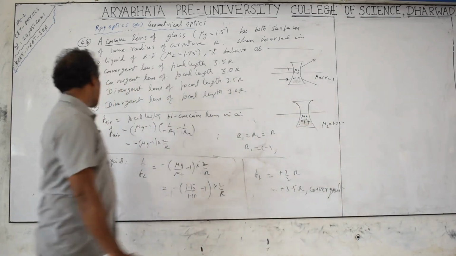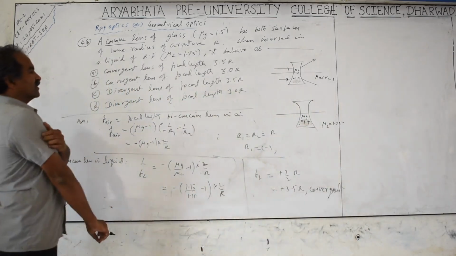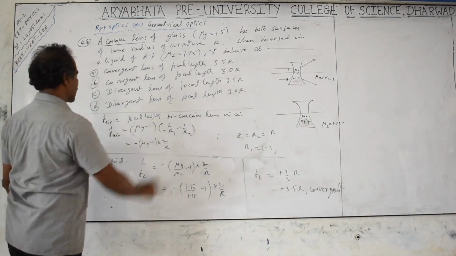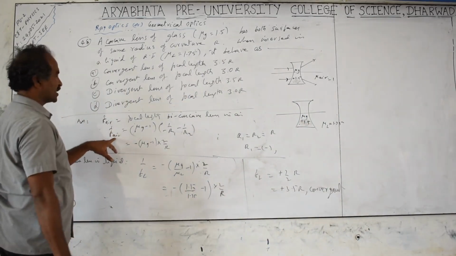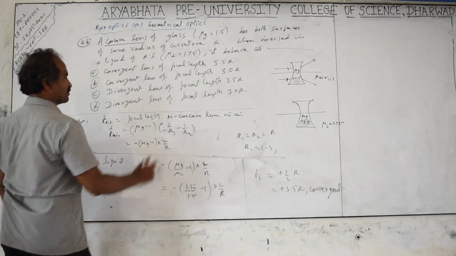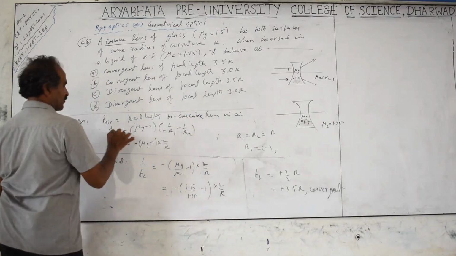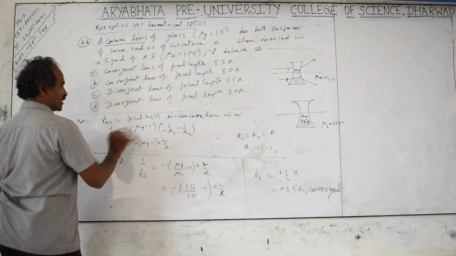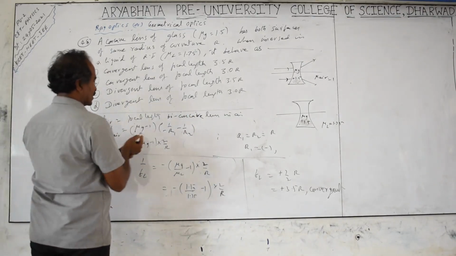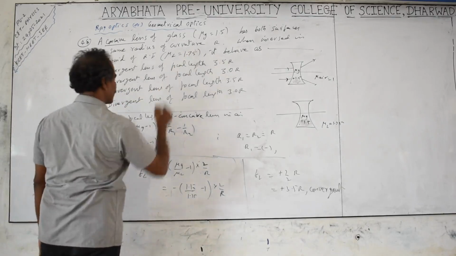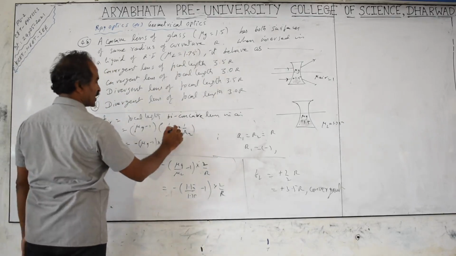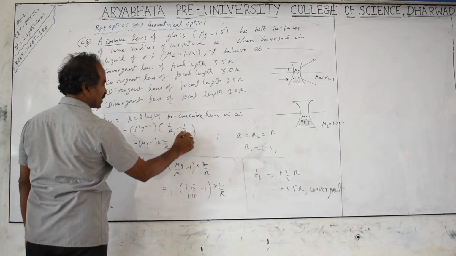In the lens maker's formula, F air is the focal length of the biconcave lens in air. Then 1 by F air is equal to, careful with that, mu g minus 1, the refractive index symbol may be given as n or mu, into 1 by R1 minus 1 by R2, the basic lens maker's formula.